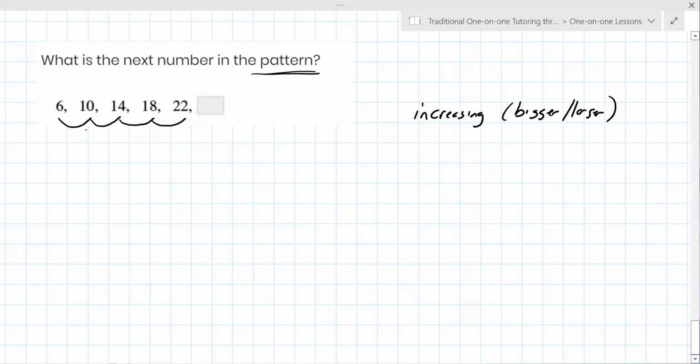The two options are there's either an addition, you're either adding a number each time or you're multiplying each time. Multiplying. Okay, so what do you multiply 6 by to get 10?